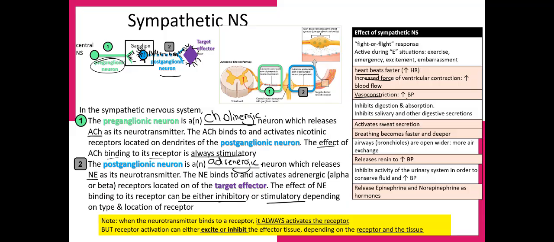So vasoconstriction in order to drive up blood pressure. When it binds to receptors in the digestive tract, it is inhibitory. So it slows down digestion and absorption. It slows down secretion of saliva and other digestive secretions. So that's why sometimes when you're in a nervous situation, you've got a dry mouth, right? So that's part of the sympathetic nervous system kicking in.